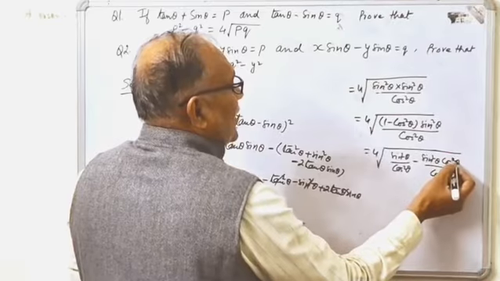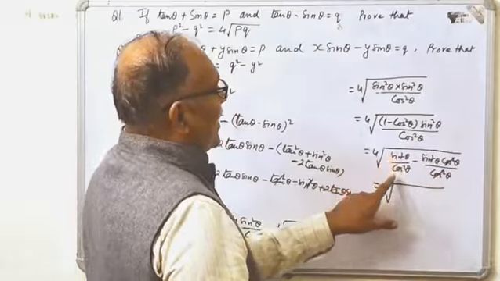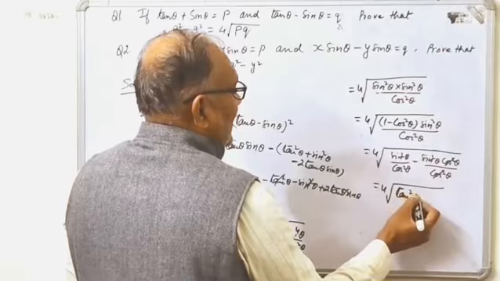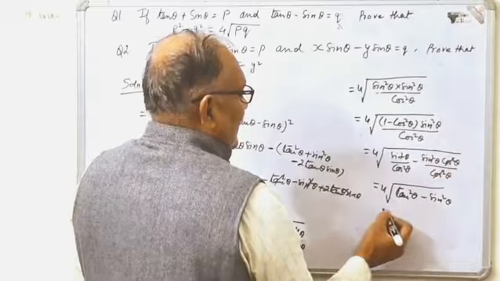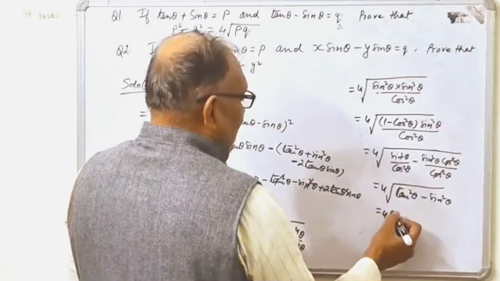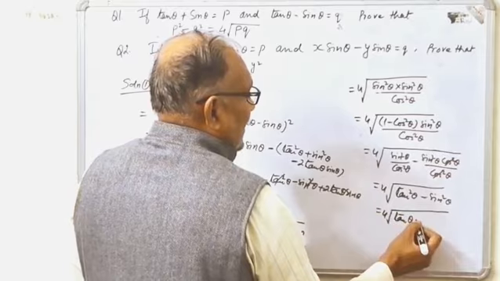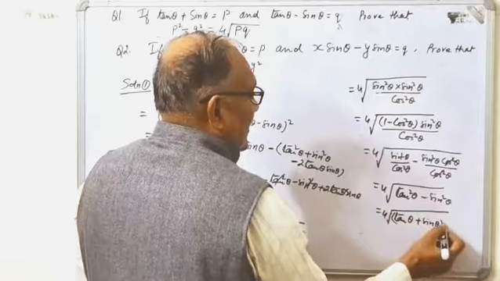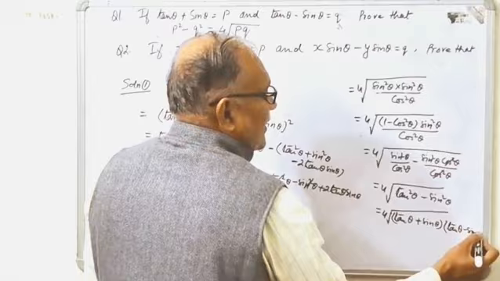Now this cos square theta and cos square theta will cancel out, and sin square theta upon cos square theta can be written as tan square theta, and minus sin square theta, which is equal to 4 under root tan theta plus sin theta into tan theta minus sin theta.